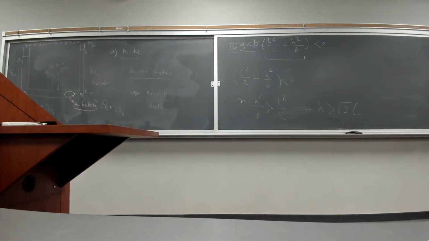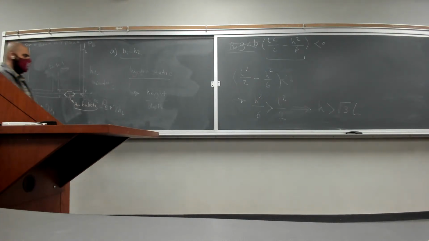And since we are not assigning any thickness to this tube, we can just assume it's a line, it's a rod, which means that the pressure at the two sides of the air bubble has to be equal as well, right? So pressure at this point, which is equal to pressure at this point, which is equal to pressure at this point, is going to be equal to pressure at this point.